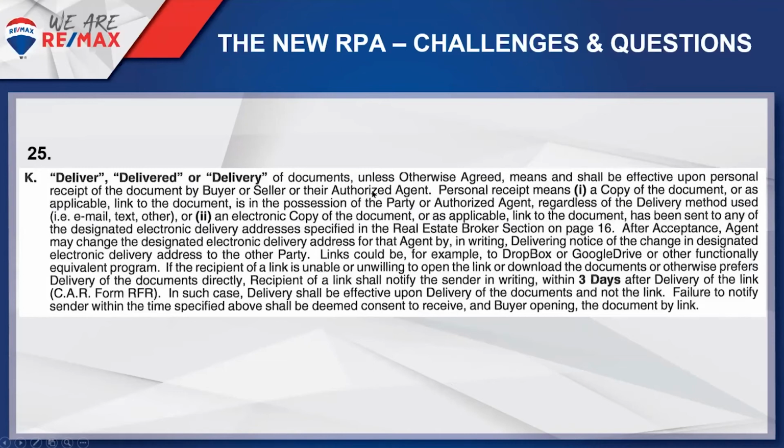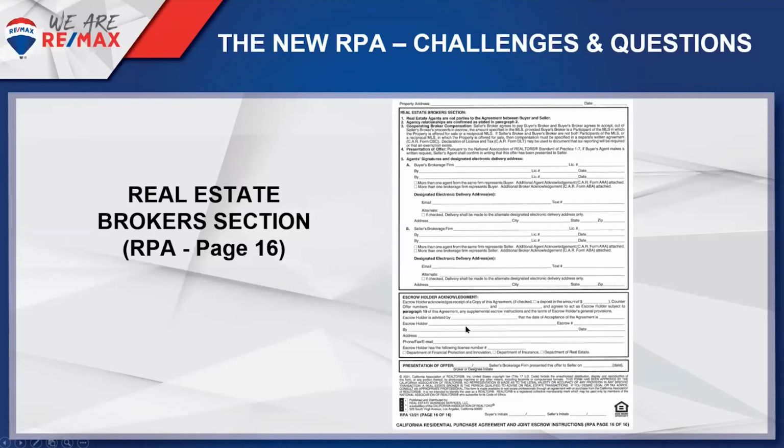Delivery is defined in paragraph 25K, and delivery is either personally received by the principal or their authorized agent, and their authorized agent is named on page 16, the real estate broker section, or when it's sent, not received, but sent to the designated electronic delivery address specified in the real estate broker section on page 16.